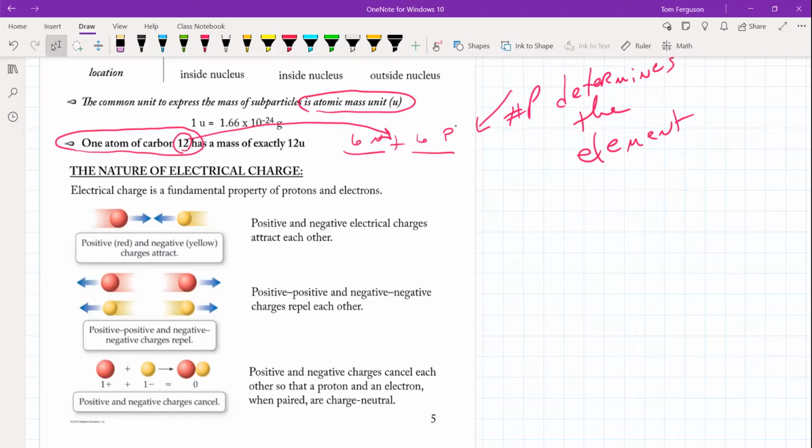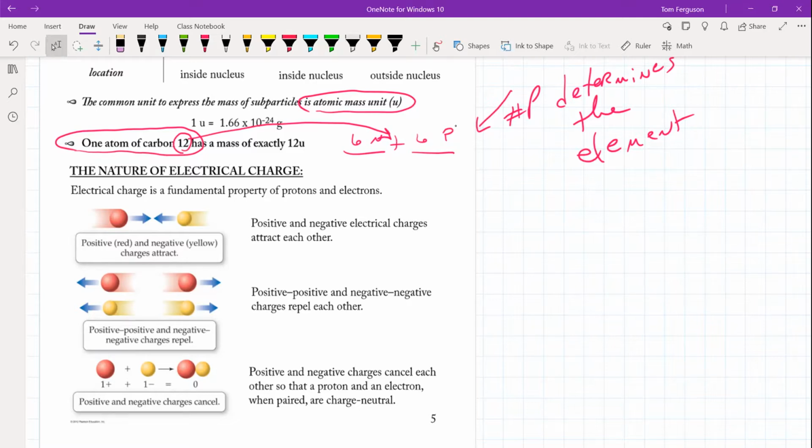You've probably already known this, that like charges repel, unlike charges attract. So we have 2 protons inside the nucleus. They're both positively charged, so they want to repel each other. Electrons flying around the nucleus, because they're negatively charged, want to repel each other.